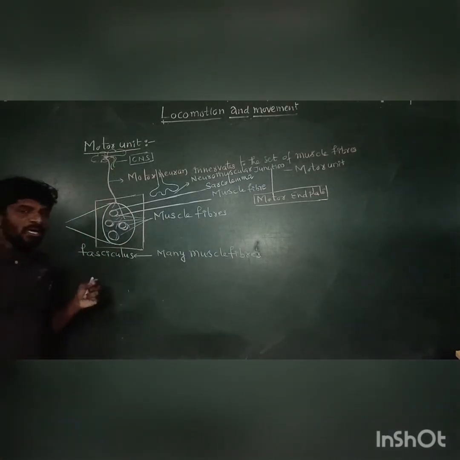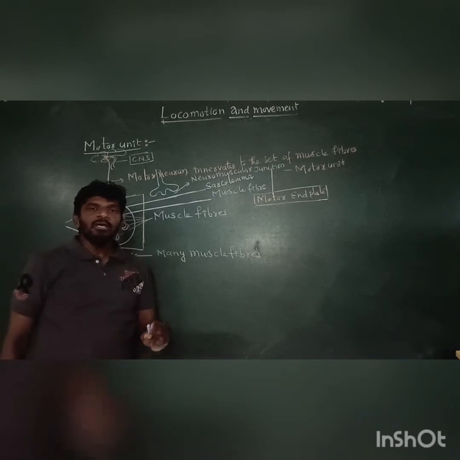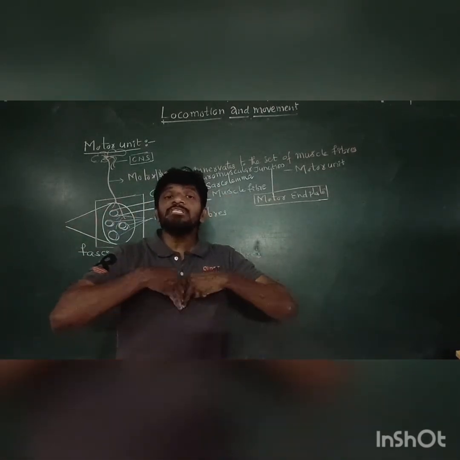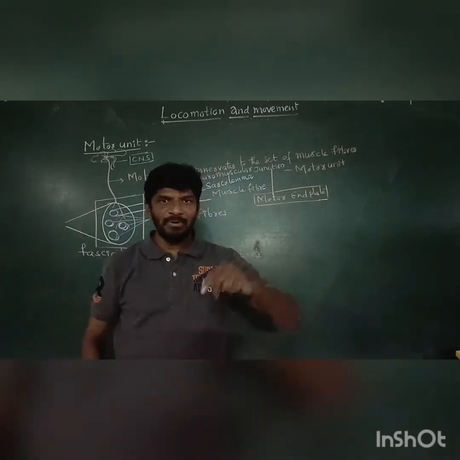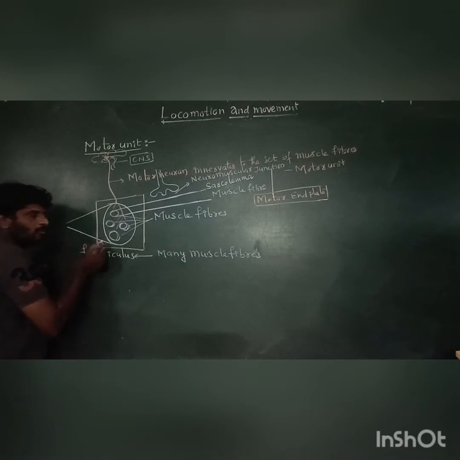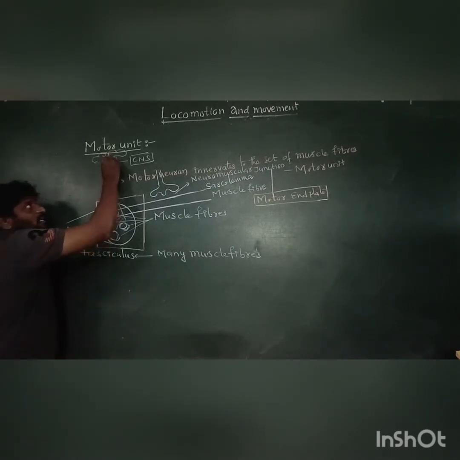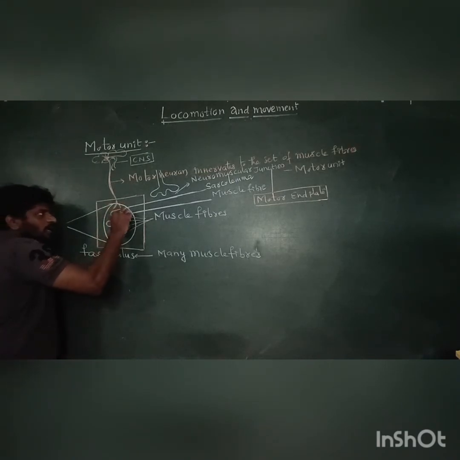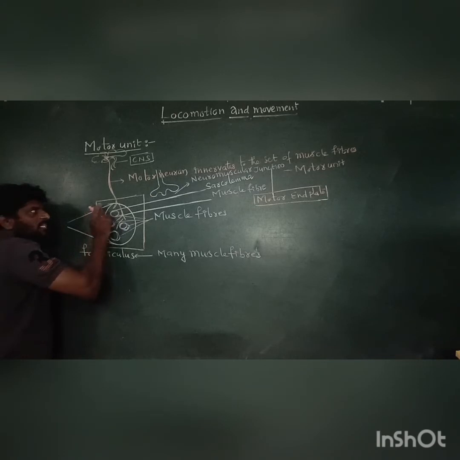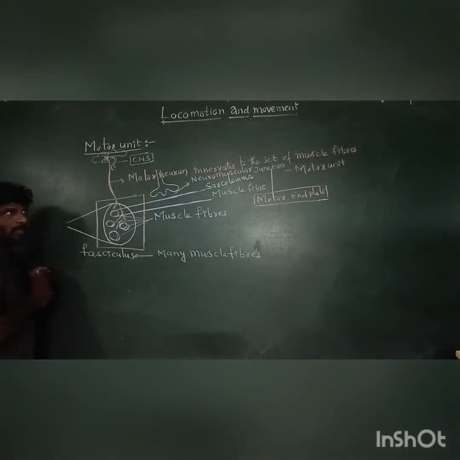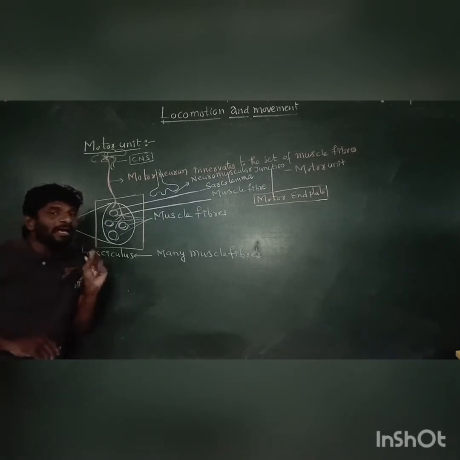See, this is the sarcolemma of the muscle fiber. Okay, this is the I band, and this is the A band, and then one more I band.